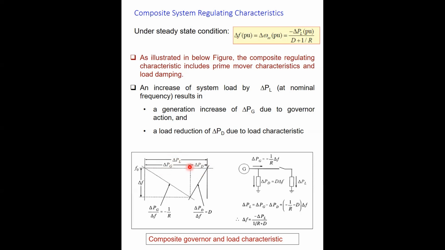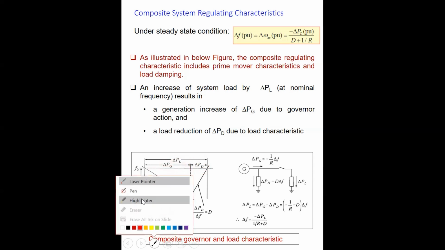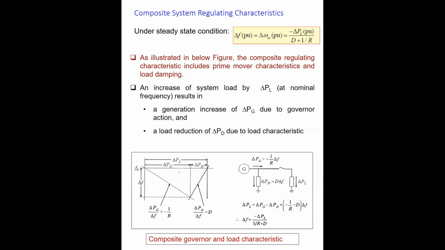If there had not been any frequency sensitive load, then for this much change in the load, this should have been the change in the power. The change in the power from the generator could have been up to this value here.